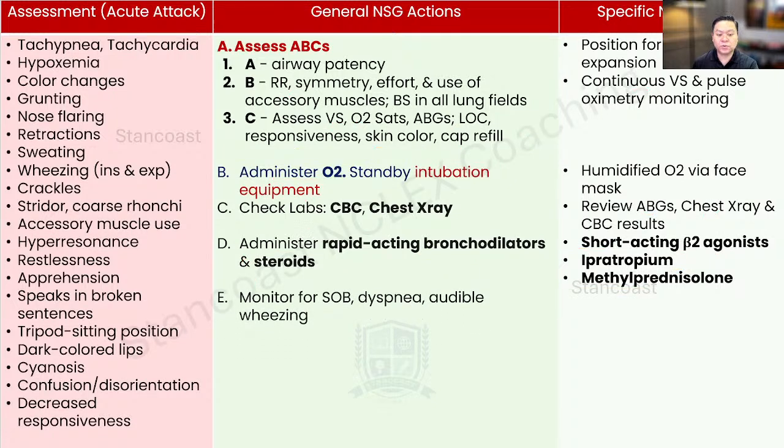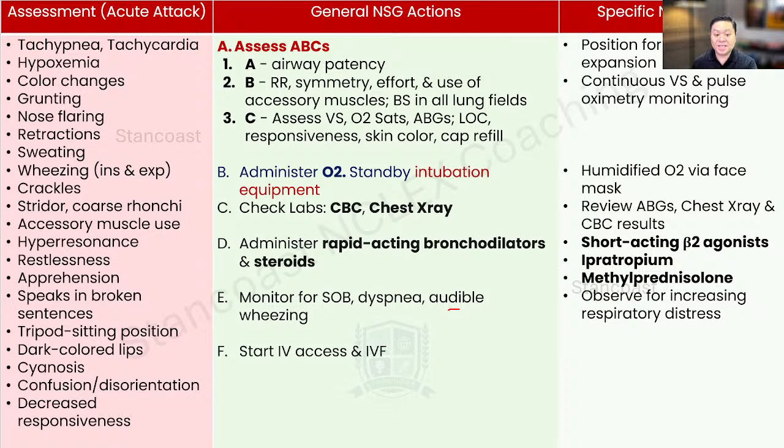We're going to monitor the patient for any more shortness of breath, to see if there is dyspnea or any more audible wheezing. Because if this is going to persist, even though you had administered the bronchodilators, methylprednisolone, ipratropium, then this is now the possibility that the patient will end up in respiratory failure, or let's say much worse respiratory distress.